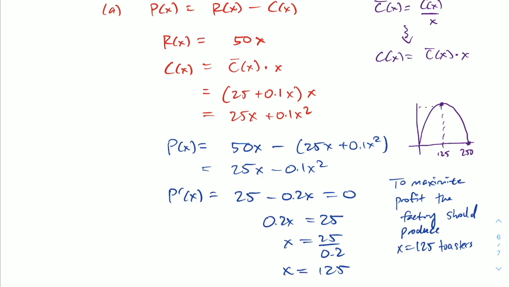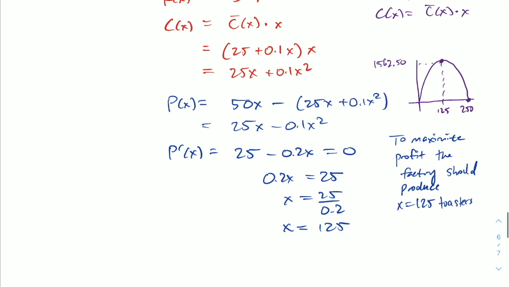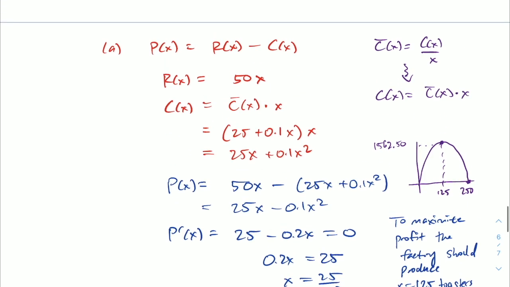And the max, if you wanted to compute it, the profit here is 1,562.50. That's the profit. The question does ask us for how many they should produce, the x value. So the x value, we will box that as our answer. Okay, so that's the competitive market situation.